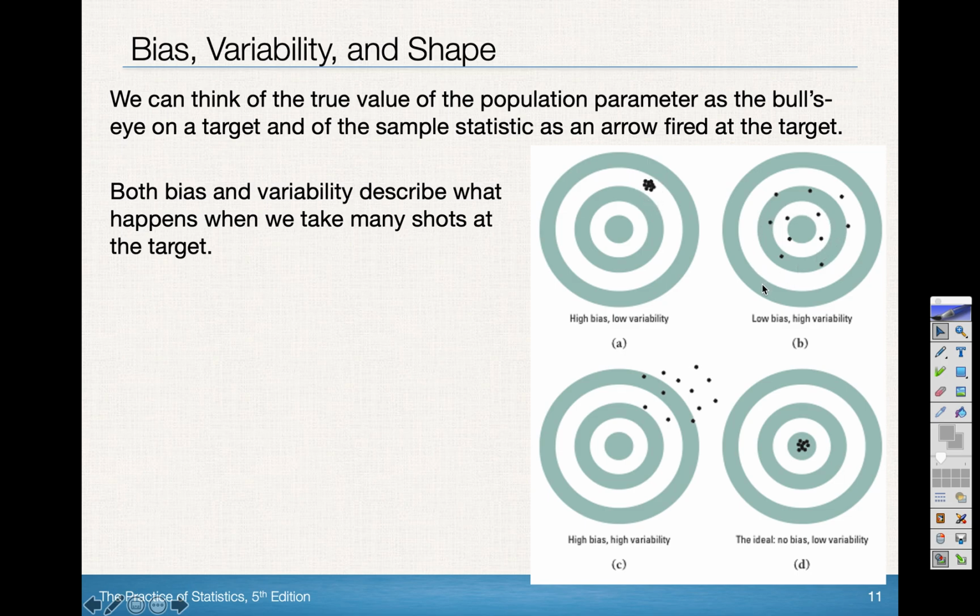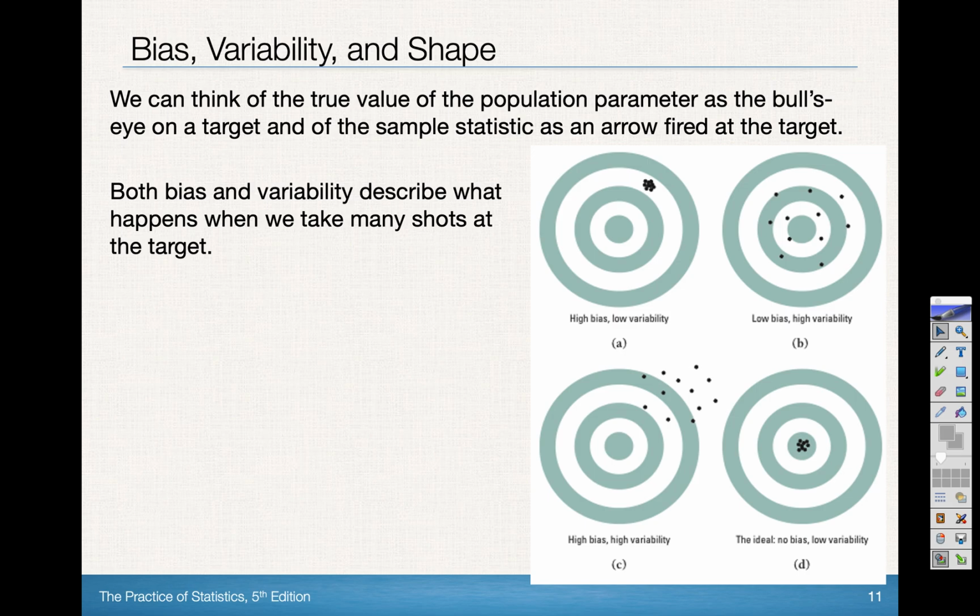The next one, B, is low bias, high variability. That's where I was collecting good random samples, but my sample size probably wasn't large enough because I was getting a lot of variability. The bottom left is high bias and high variability. Again, I was collecting samples that weren't good because I was clearly not hitting my target, and I was also collecting small samples because I was getting a lot of variability.